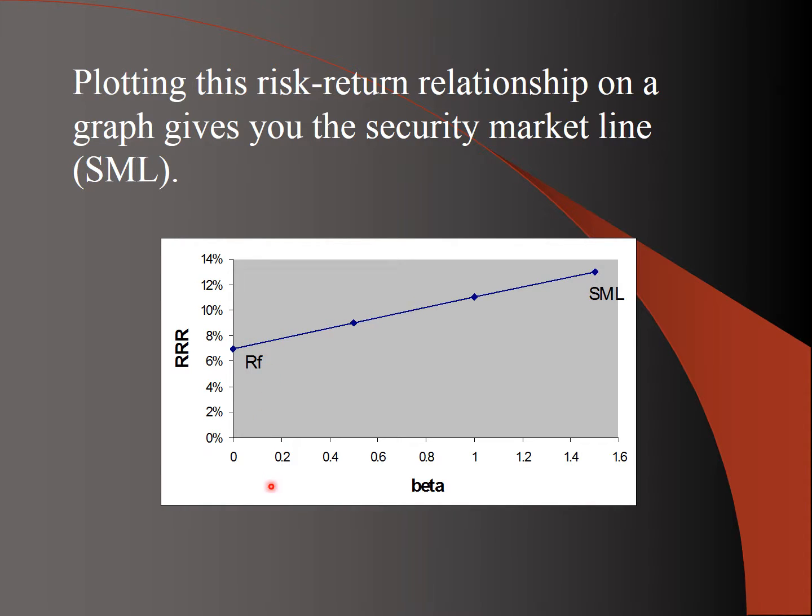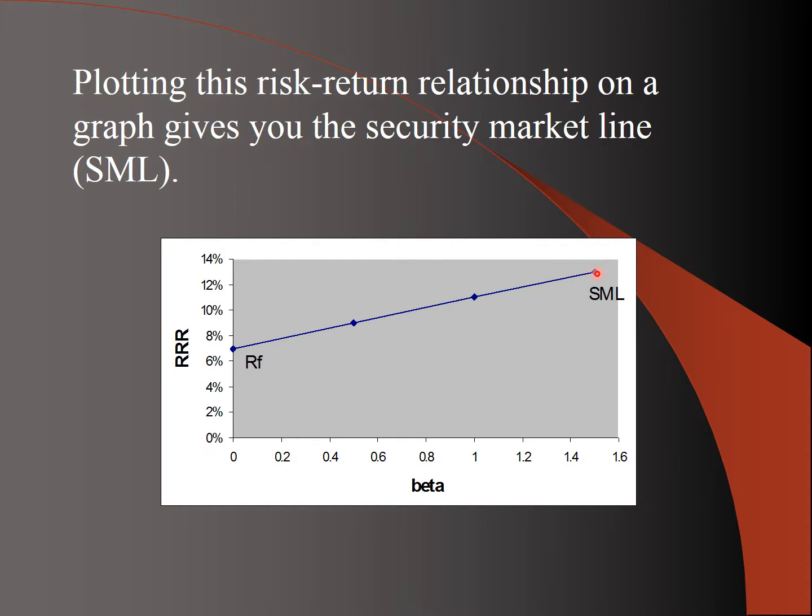Remember, in our last slide, when we had a beta of 0.5, that told us we should require a 9% rate of return, which is exactly what's plotted here. And in the slide before that, if we had a beta of 1.5, which would be right here, then our return should be 13%, which if you move across, you'll see we're right at 13%.